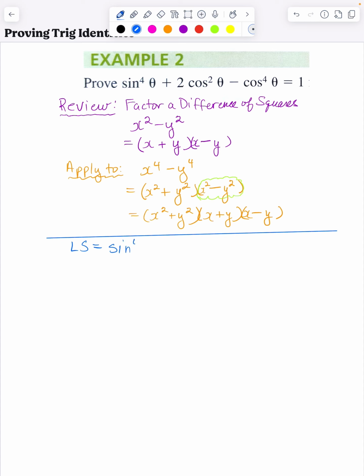Sine to the fourth theta plus 2 cos squared theta minus cos to the fourth theta. What I'm going to do here is take these two and switch them.